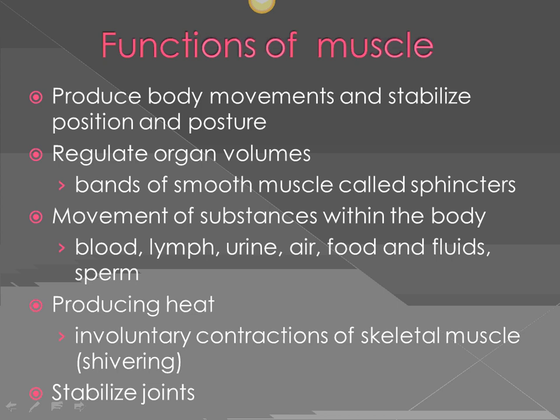Then muscle functions also move substances within the body, and all of this is usually to do with smooth muscle, not skeletal. For example, your blood vessels have smooth muscle in them. Lymph vessels have smooth muscle. I just showed you the urethra in the case of the urinary bladder. You also have ureters which bring urine to the bladder.